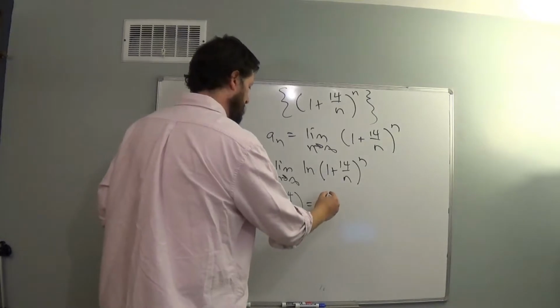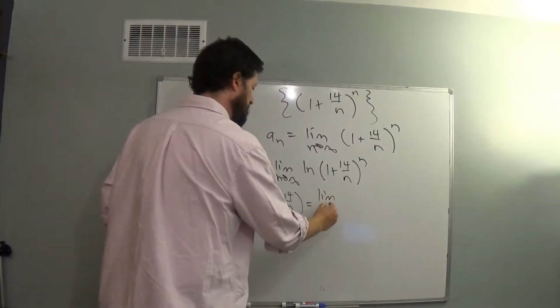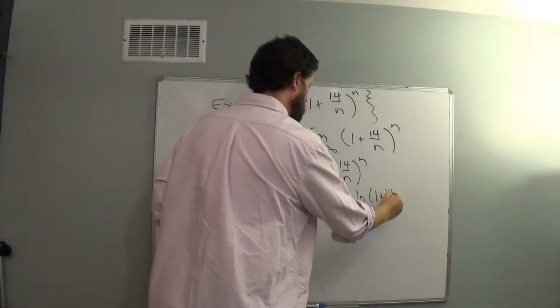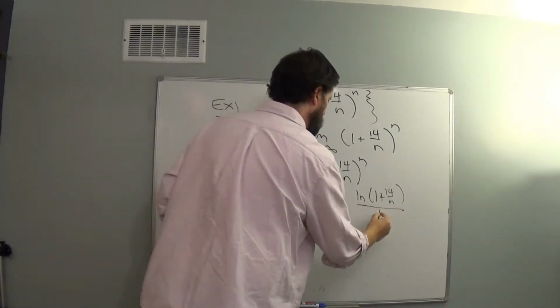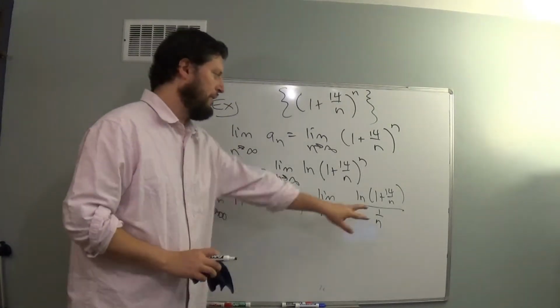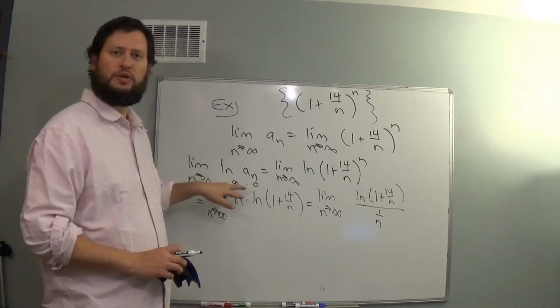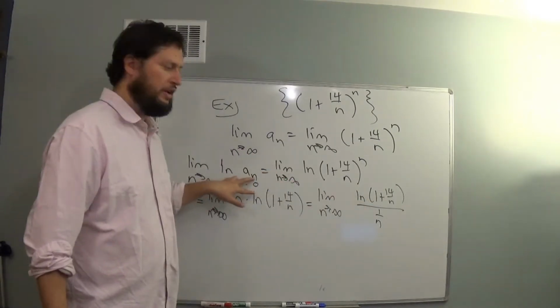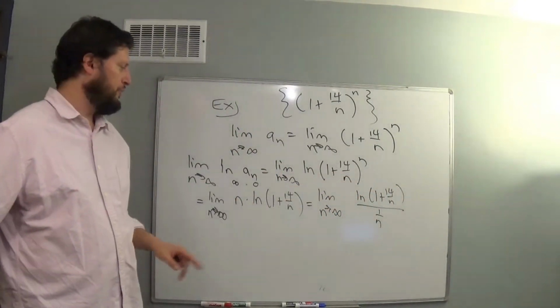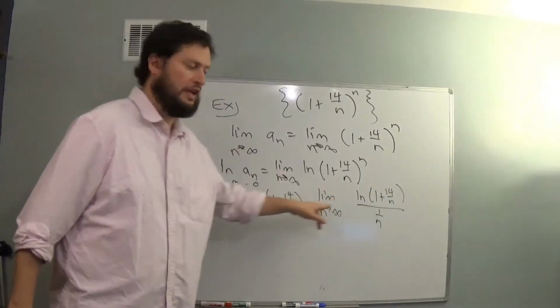We're going to do that by writing this as the limit as n goes to infinity of the natural log of 1 + 14/n, and then I'm going to put that n that I see here in the denominator. But think about going from here to here. It makes a lot more sense if I go from here to here, then I'm going to multiply by n over 1. And multiplying by n over 1 would make this look exactly like this.